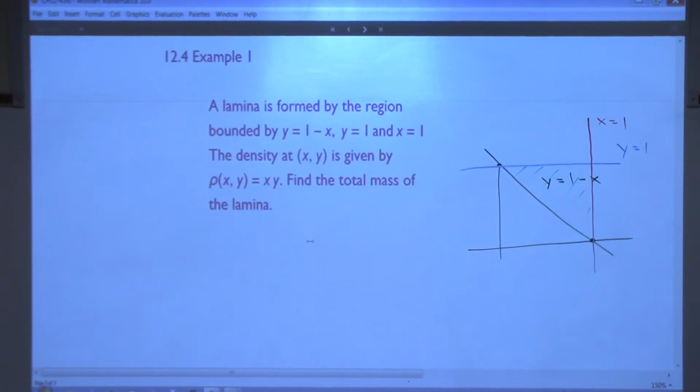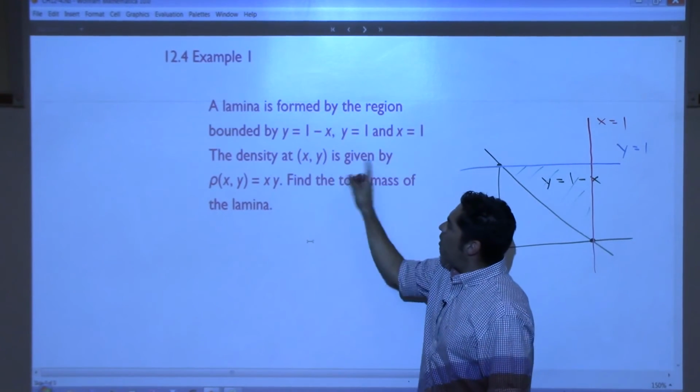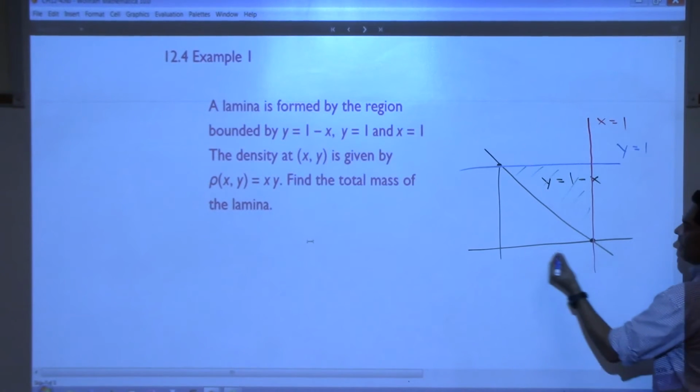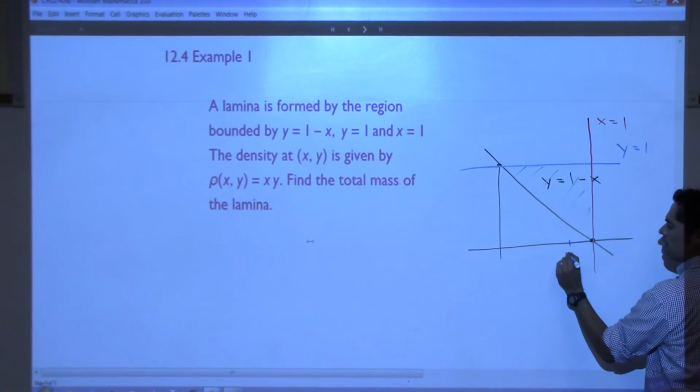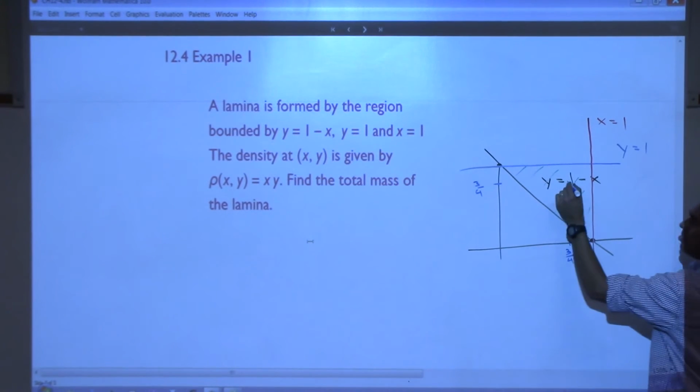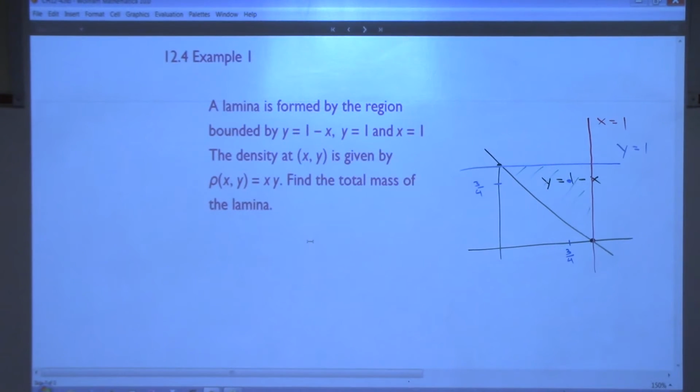Okay. The density at a point in that lamina is x times y. So if I come out here and I pick the point 3/4, 3/4, that point lives in there, doesn't it? What's the density of the lamina at that point? It's the x times the y, right?